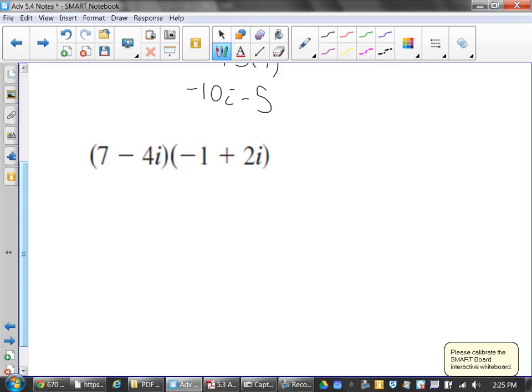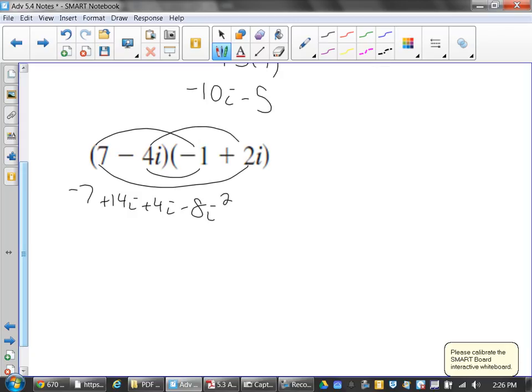So if I distribute this out, I get negative 7 plus 14i plus 4i minus 8i squared. Are you okay with that? Yeah. What's 14 plus 4? 18.